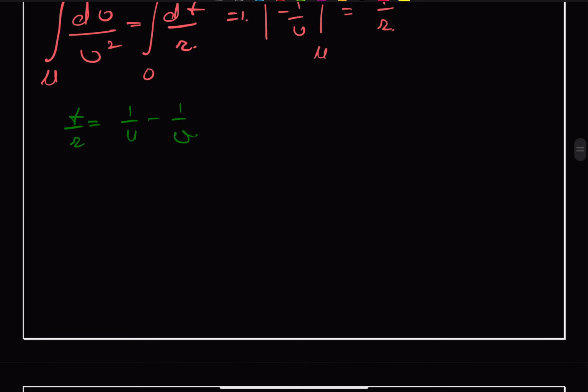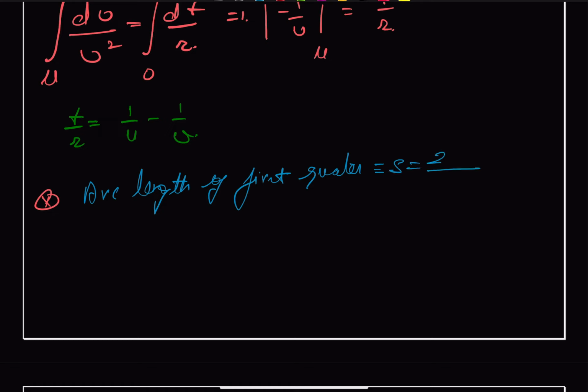So let us find out the length of the quarter circle first of all. So we can say the arc length of the first quarter, let us suppose that is given as s, total will be 2 pi r divided by 4.